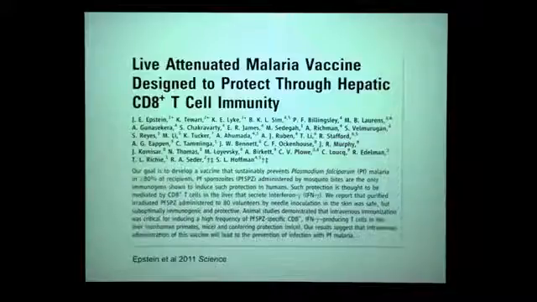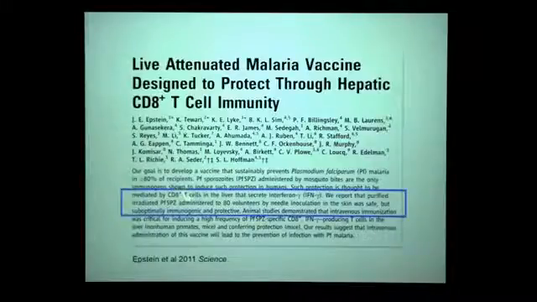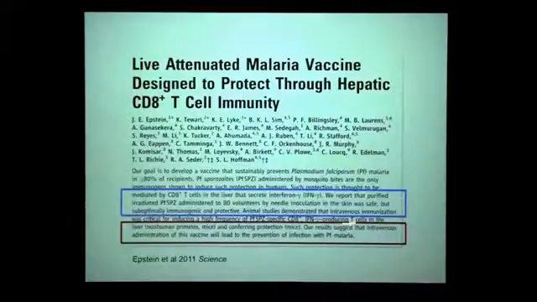I apologize because I shouldn't really punish these guys, but I feel like this paper is criminal. Basically, they report that irradiated sporozoites administered to 80 volunteers by needle injection was safe, but not actually immunogenic or protective. And then they say that their data shows that administration of the vaccine will lead to protection from infection with P. falciparum malaria. How you get from there to there, I've got no idea.